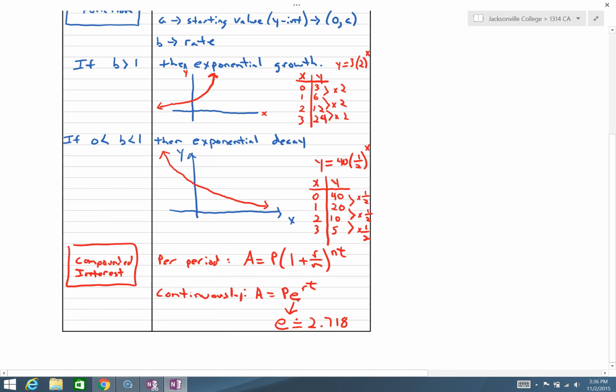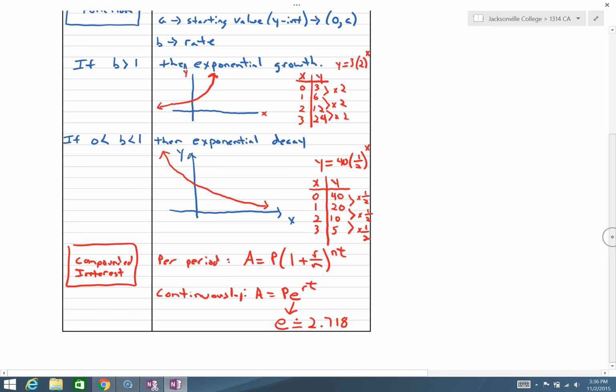It is called many things. It's called Euler's constant. It is the base of the natural logarithm, but in math, just to say e is enough that people know that it's this number, 2.718. It has a lot of usages, but one of the usages is this compounding interest formula.